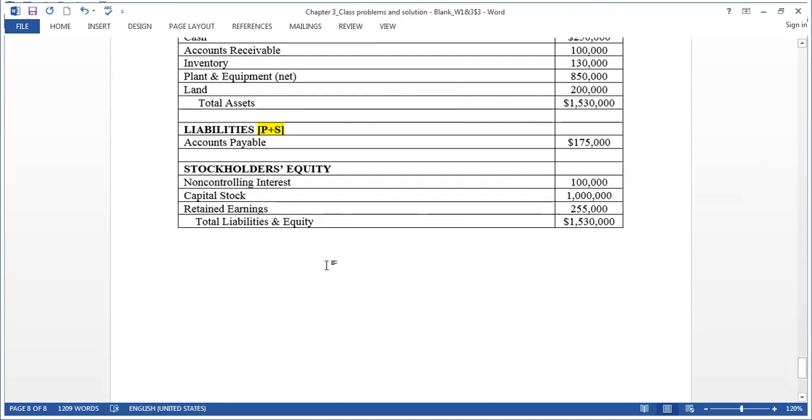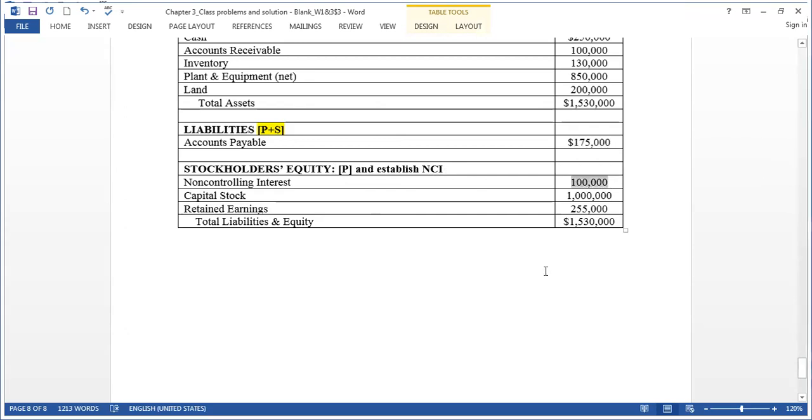Several times I told you that non-controlling interest should go under the equity section of the parent company. So this is only for P, and we established NCI. These items go under the parent company's equity, plus we establish our NCI.